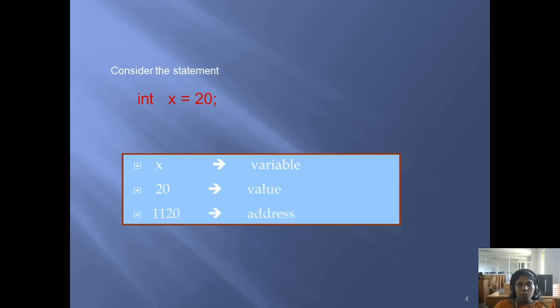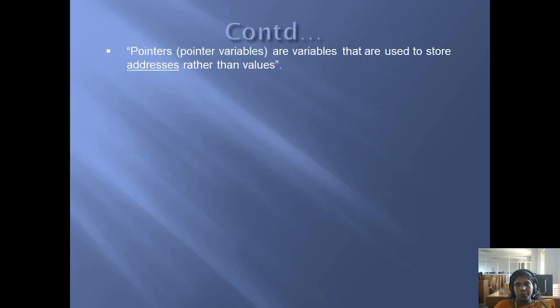It may be at some memory address, say 1120. It looks like that. In x we have the value 20, but x actually refers to the memory address 1120. So what are pointers? Pointers are variables that are used to store addresses rather than values.